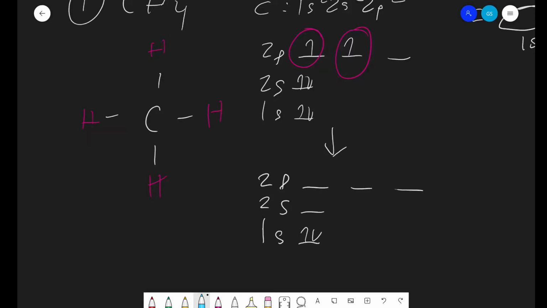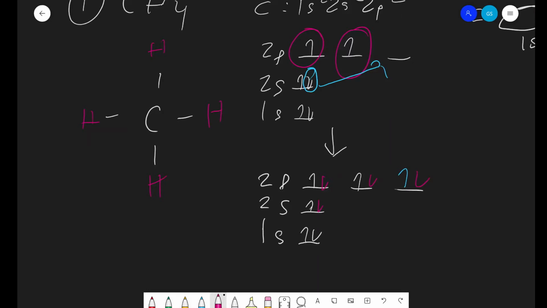In this case, we're going to promote this electron in the s orbital and stick it right up here. So it would look like this. Now carbon can make 4 bonds, right? Because hydrogen can come here, here, here, and here.